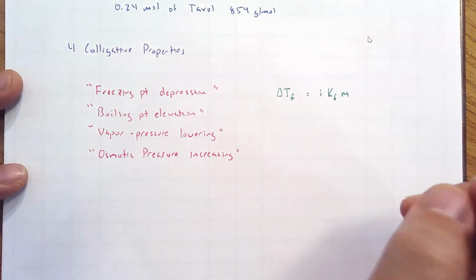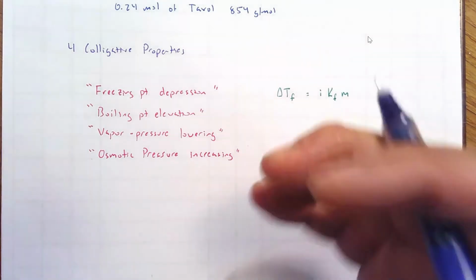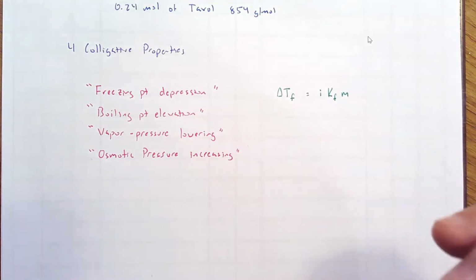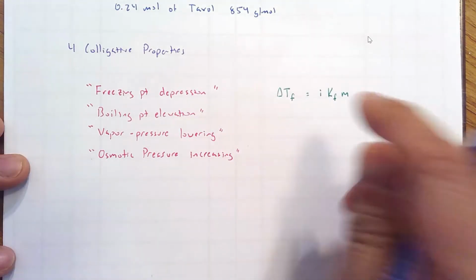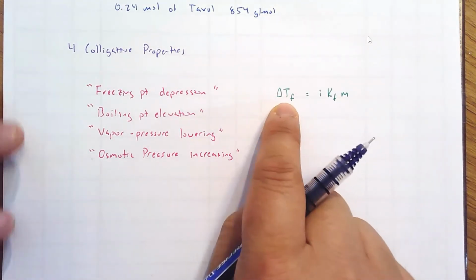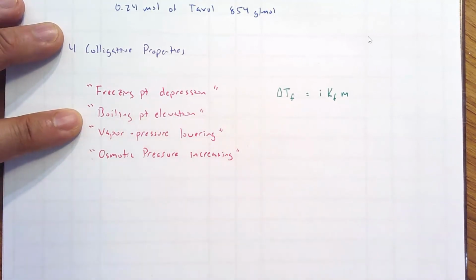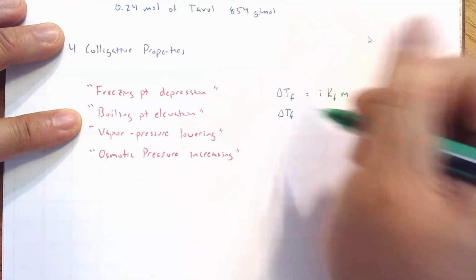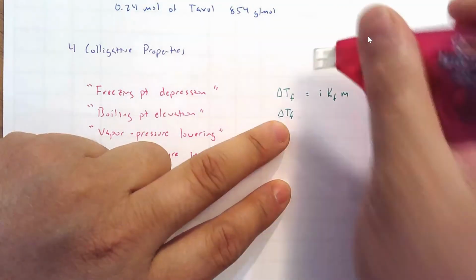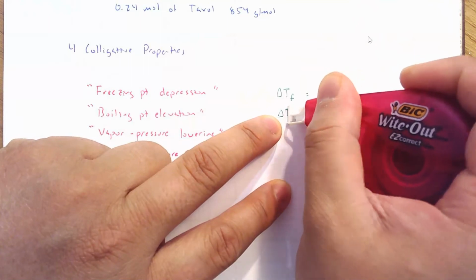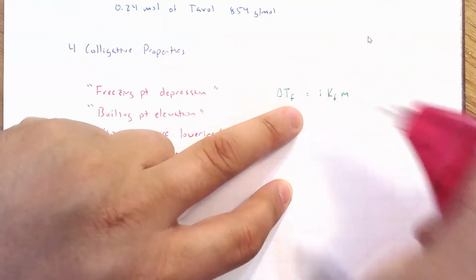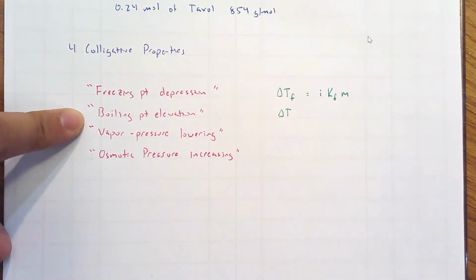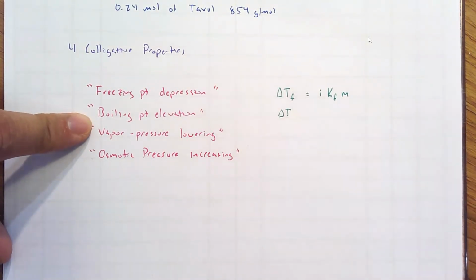Don't be hung up on the equation T final minus T initial, because this has to be positive. Same thing with the boiling point: the boiling point change is going to be positive. So you determine whether you want to add to or subtract from the freezing point or the boiling point.